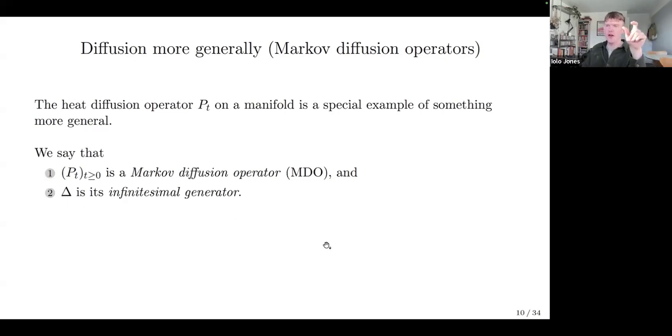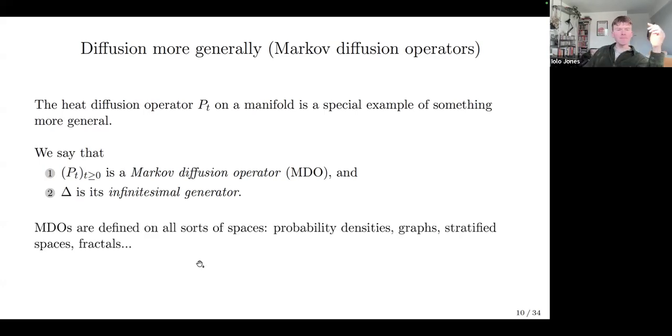Delta is its infinitesimal generator, which means basically that it satisfies that derivative property that when you differentiate PT, you get delta. The reason why this matters is that Markov diffusion operators are way more general than the stuff you get on manifolds. So you can have probability densities or graphs or stratified spaces or fractals or all of these things that are not manifold-like, but where you can still have Markov processes.